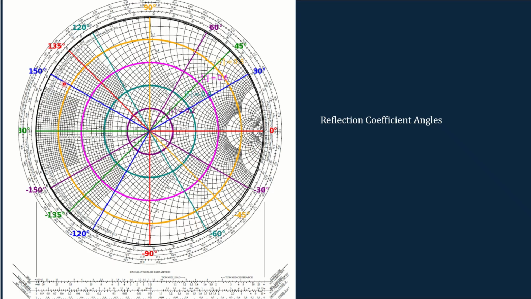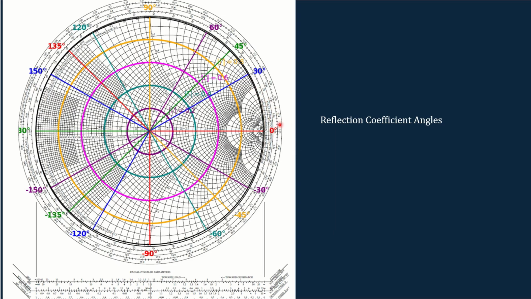Here you can see there is one scale marked as angle of reflection coefficient in degrees. This circle corresponds to the angle. You can see the value is minus 20 here and plus 20 here.